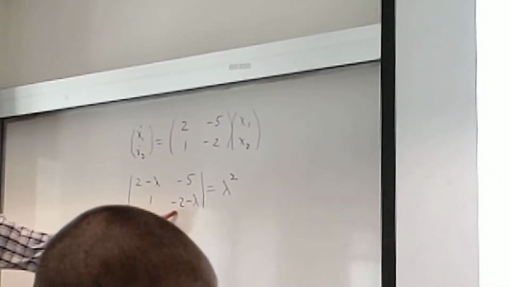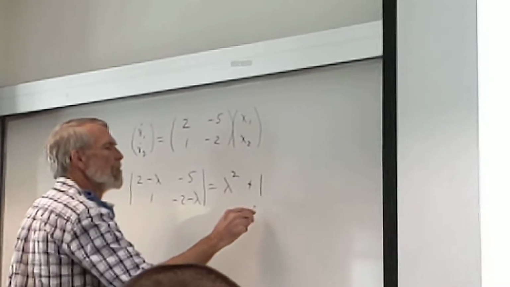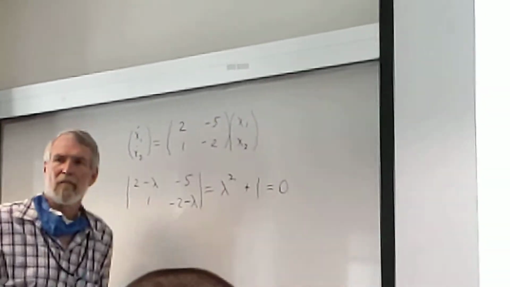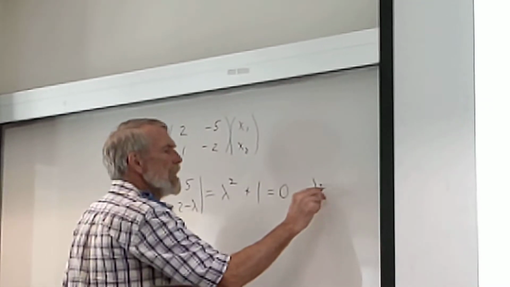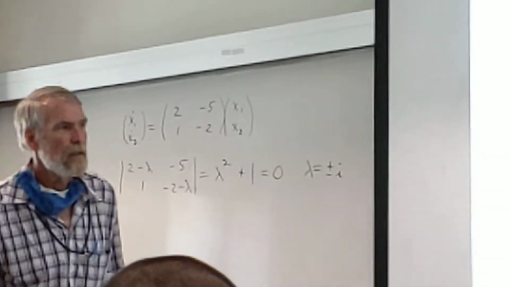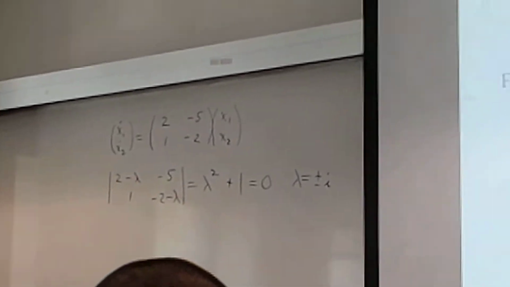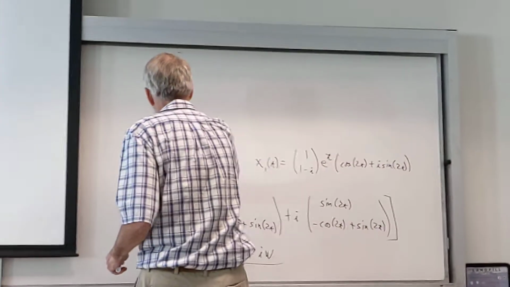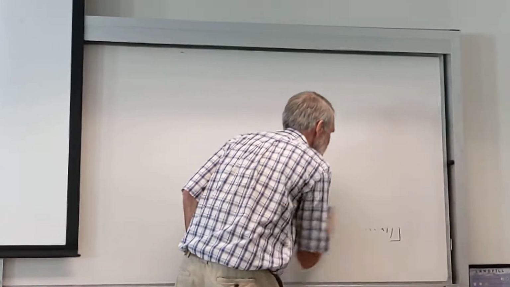Minus 4 plus 5, how about plus 1? You okay with that? So we've got lambda equal to plus or minus i. All right? So we'll just take the plus i.